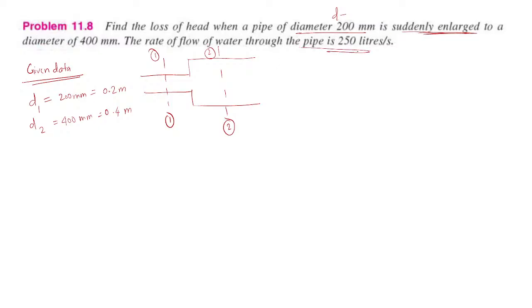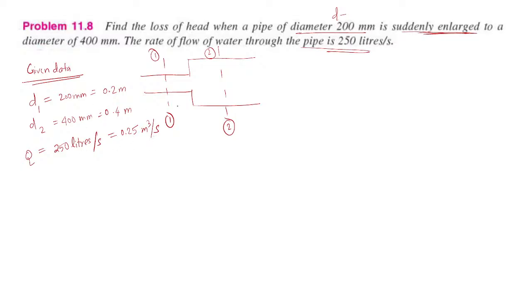The Q value is 250 liters per second. Q means the discharge, the rate of flow. How can we convert it into meter cube per second? Just a few minutes back we discussed this: divide by 1000, that is 0.25 meter cube per second. Fine.